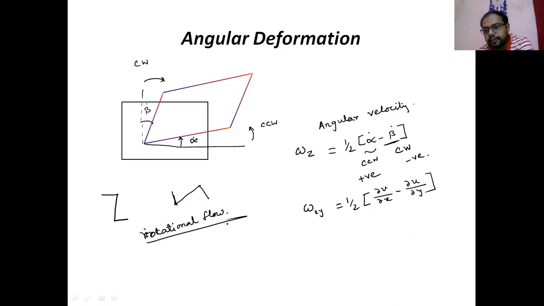How to define the rotational flow? The rotationality is defined by curl V. This is known as the vorticity vector. Capital omega is the vorticity vector.